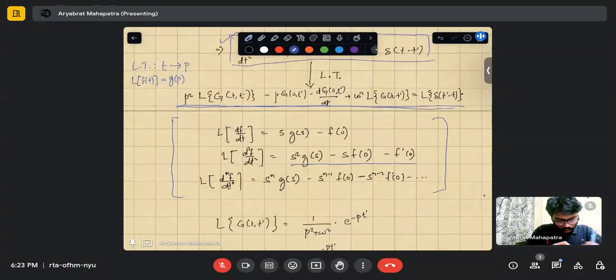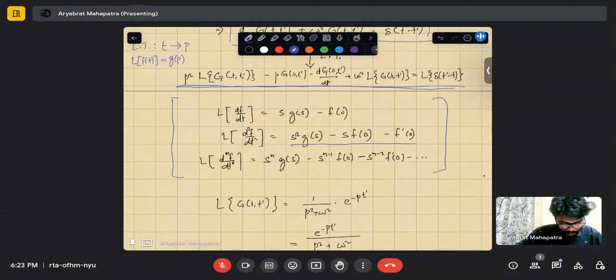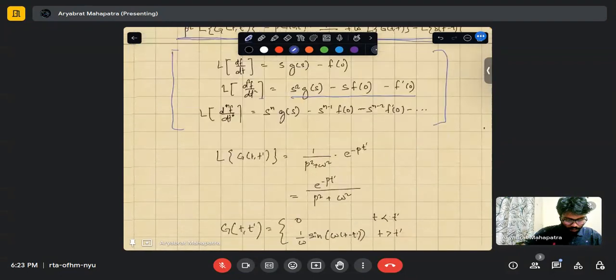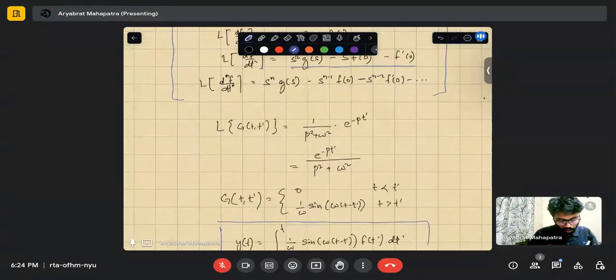So once you get this algebraic equation, the next thing is to solve it. After you reach this point, you estimate the value of L of g of t, t prime, that is the Laplace transform of your Green function.